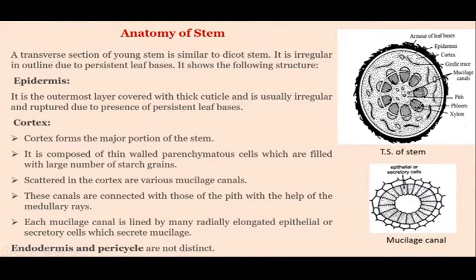Mucilage canals are also present in the center, that is the pith, and the mucilage canals of the cortex and the pith are connected by the medullary rays. These mucilage canals have epithelial or secretory cells which secrete the mucilage. Endodermis and pericycle are not distinct.